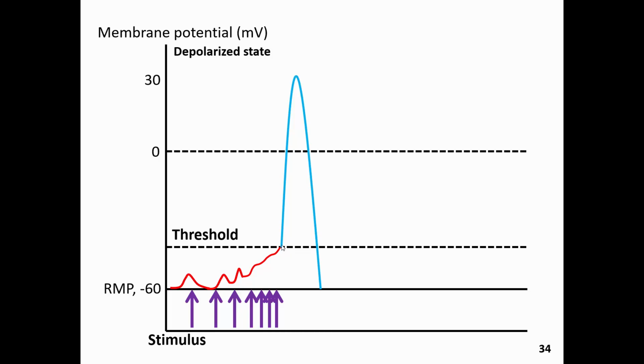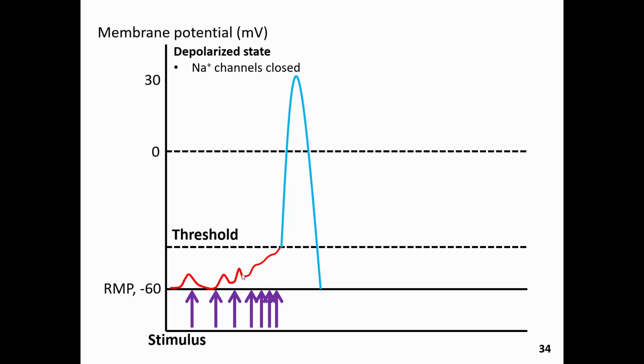The event from threshold up to the peak is called depolarization. So this is depolarization. This is the fully depolarized state, and the change from the baseline is being driven by sodium channels.